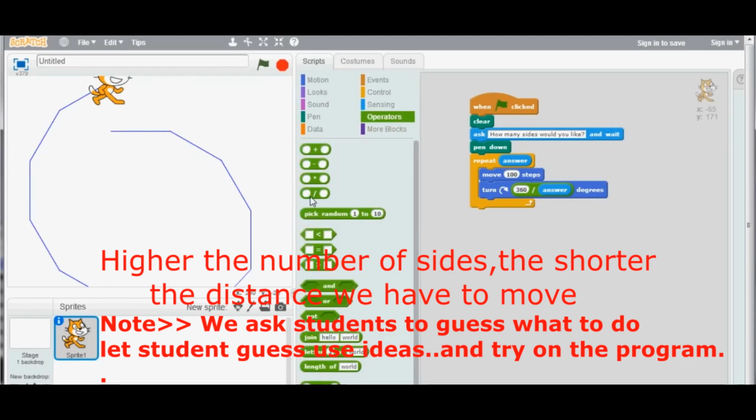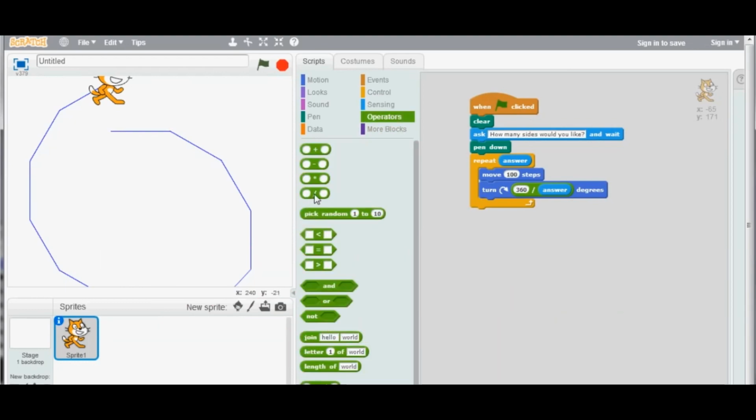If you want the number to get smaller as the sides get bigger, the way you can make that happen is with a division. As we divide by a bigger number, the answer will get smaller, won't it? So if we divide by the number of sides, that will make the sides shorter as the number of sides increases.